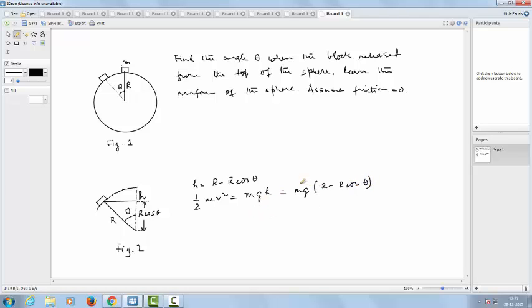So we can cancel m from both sides of the equation, and we get v square equal to 2 g (r minus r cosine theta). Let us call this equation 1.